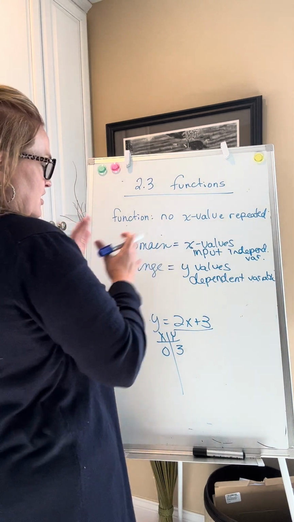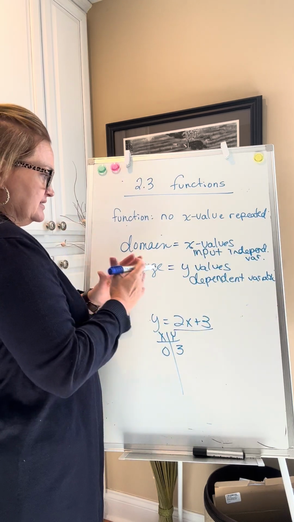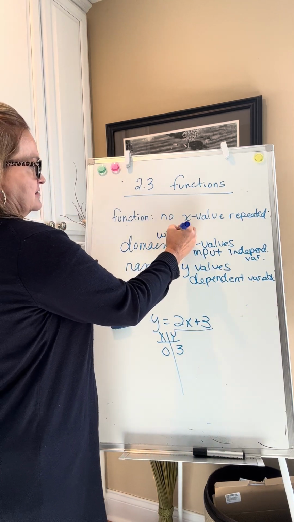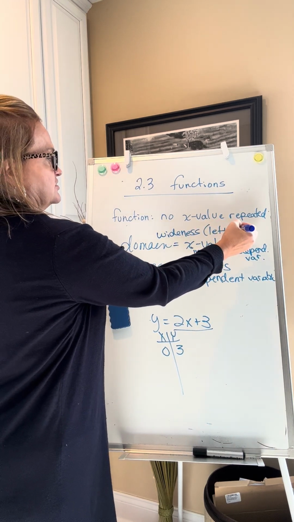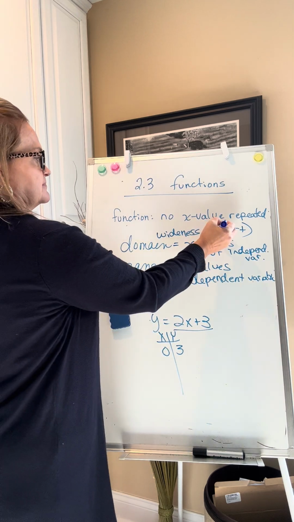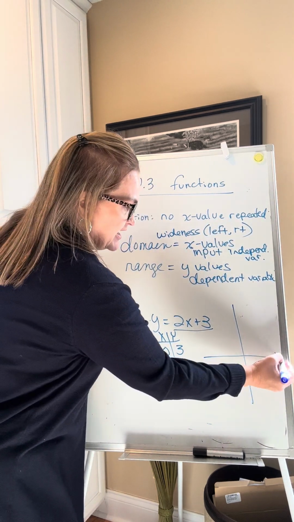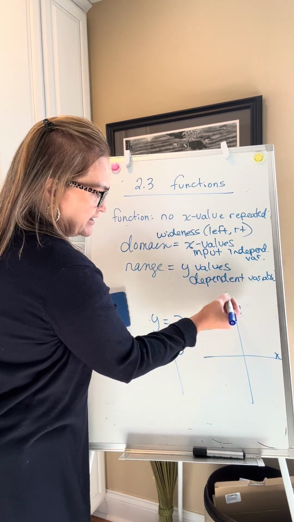So for domain, whenever we graph this, you can also think of it as how wide it gets. The domain is also the wideness. How far does it go left to how far does it go to the right? How wide does the graph get? Whenever we're graphing, X is left to right, the horizontal, and Y is the vertical.